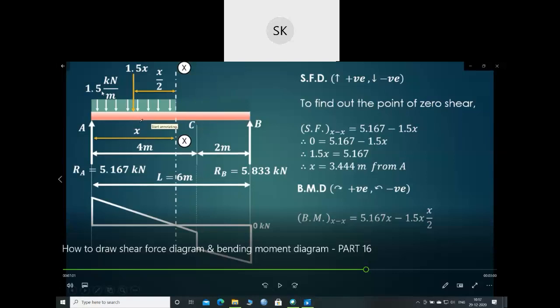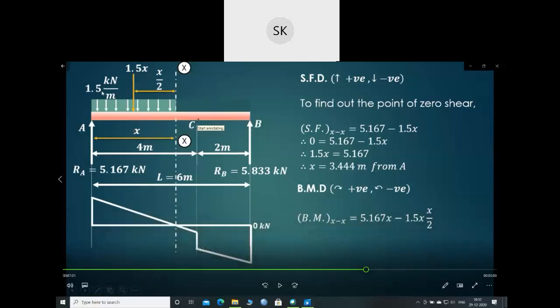So in this problem you have two sections, A and C and C and B. So take the bending moment between A and C. For A and C, you take a section XX, which is at a distance of x meter. I need to find the bending moment at this position. So RA into x, 5.167 into x, minus this UDL.